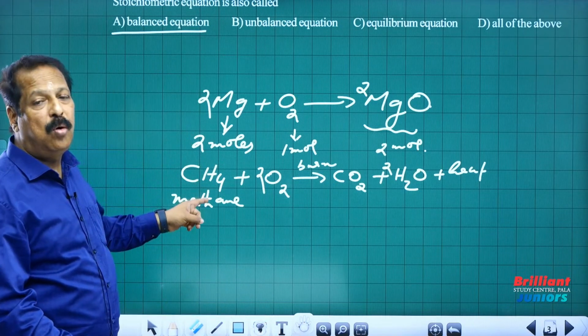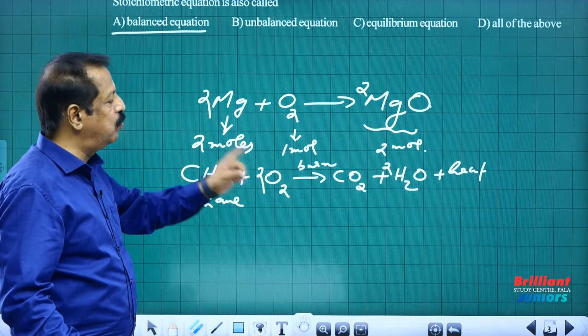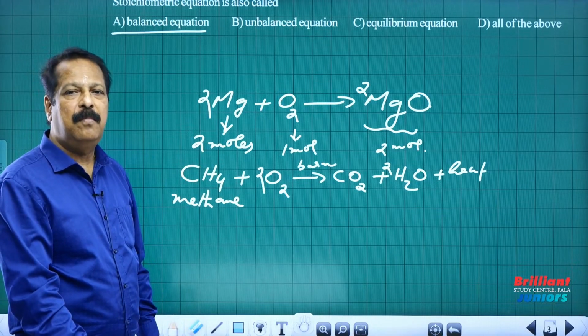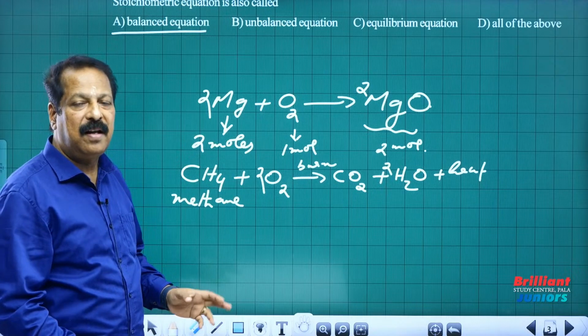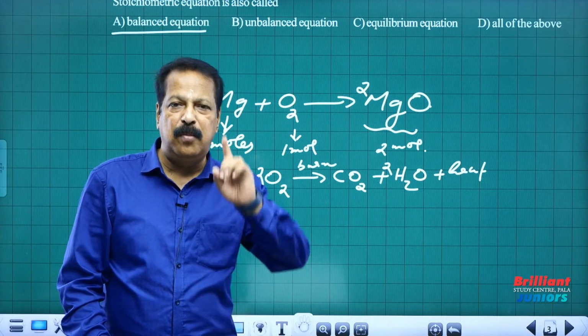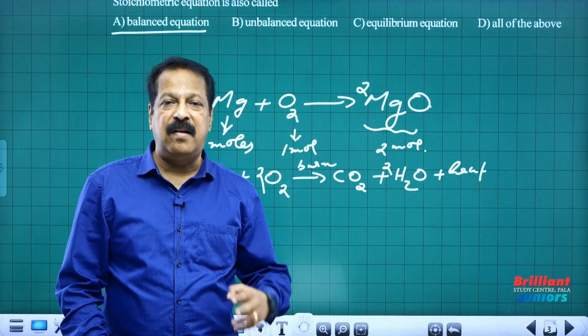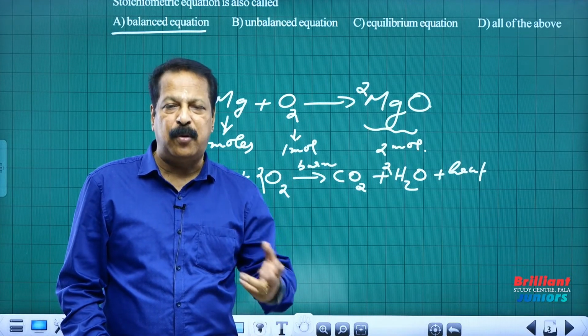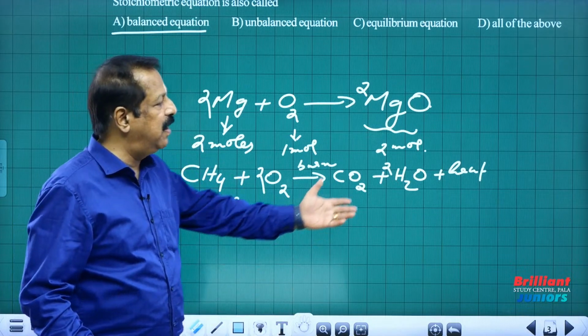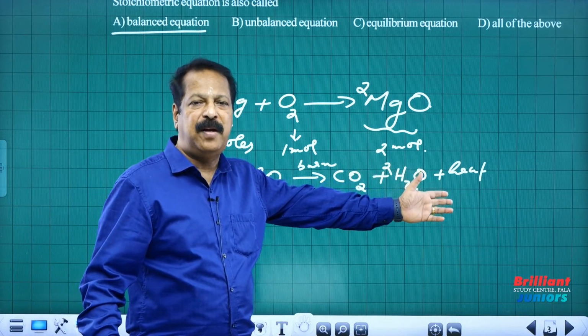Here 1 mole of methane requires 2 moles of oxygen for complete combustion. That is called stoichiometry. The combustion requires a required amount of oxygen. 1 mole of a substance burning in the required amount of oxygen, in that process some heat will be liberated. That heat is called enthalpy change or enthalpy of combustion.